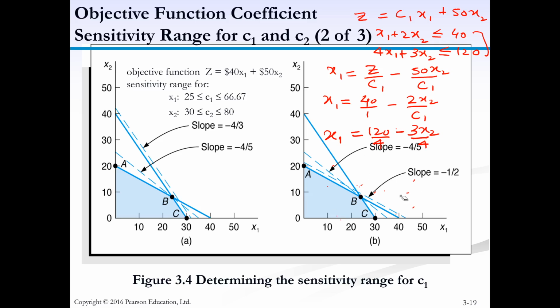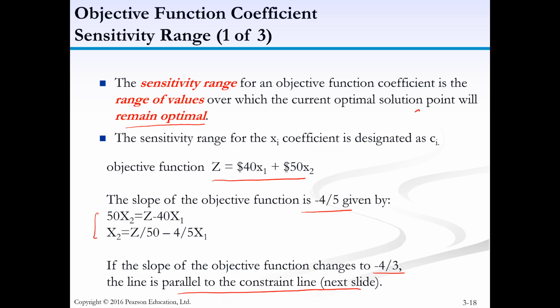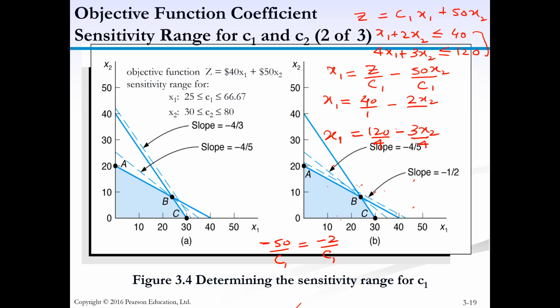We can say that minus 50 over c1 is equal to minus 2 over 1. Sorry, it should be 1 there, not c1.